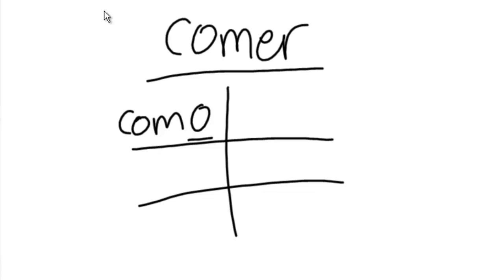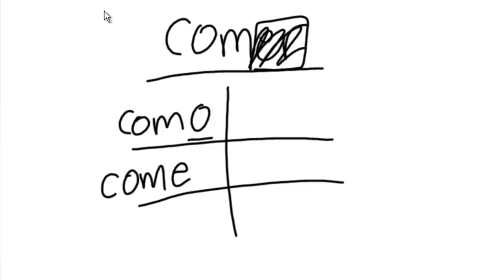Oh, rewind. As a review, when we conjugate verbs, we drop the AR, ER, or IR ending, and then we add our new ending according to the subject pronoun. So yo como, tú, you eat, comes, and es is our ending. Tú comes. He, she, or usted eats, come. The letter E is our ending.